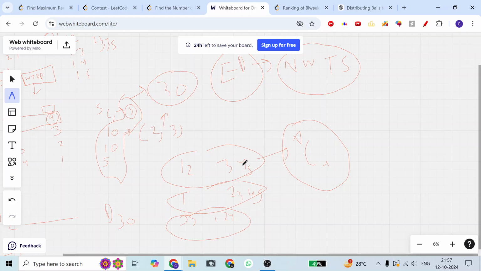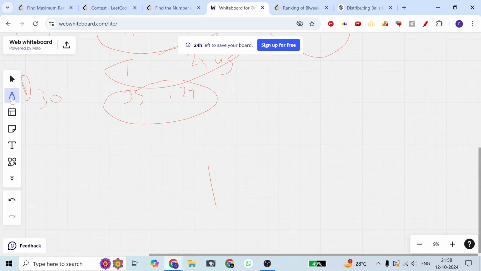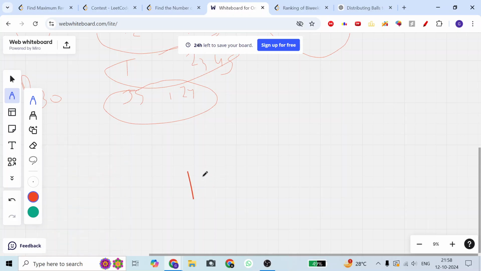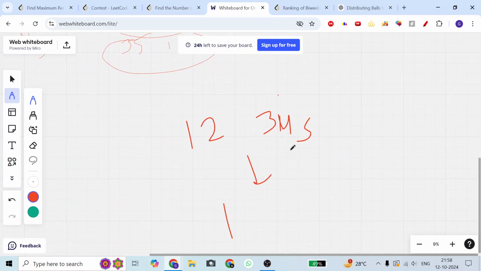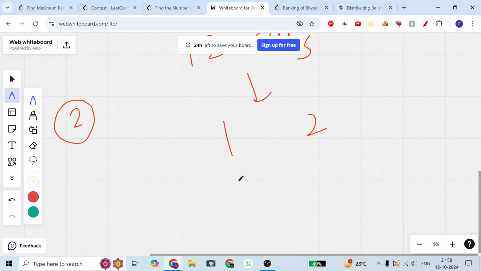Now suppose I take this group 1 2 3 4 5, and I have assigned this to stage 1 and this to stage 2. Now suppose my y is 2, so how many possibilities do I have to give them ranks? I can give a score. How many possibilities of scores do I have?